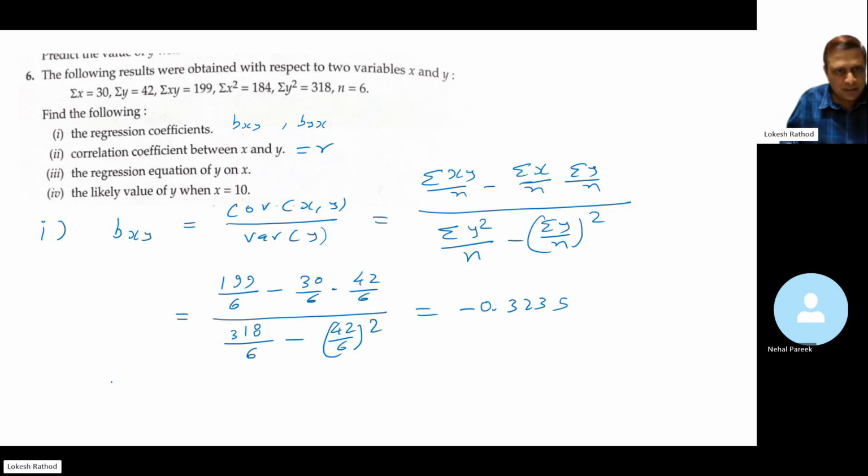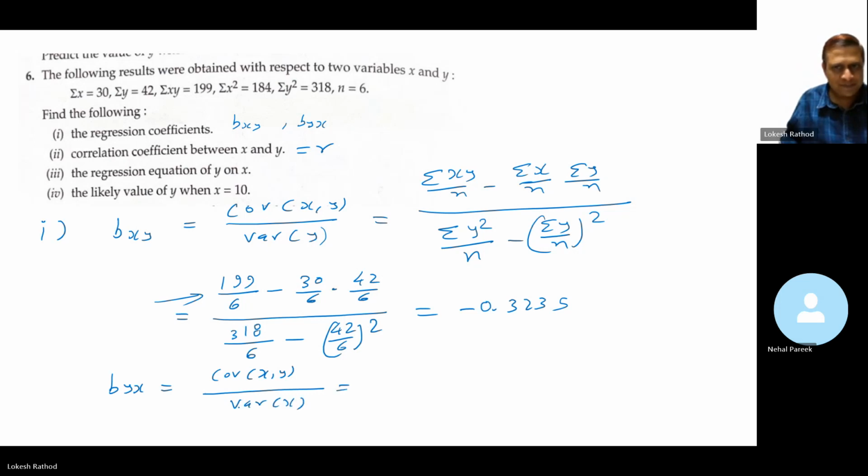Okay. And similarly, you find byx. So the numerator is the same thing which you found, because the numerator is covariance of xy. So you must have found this thing, right? So no need to calculate that separately. And the denominator will be the variance of x.